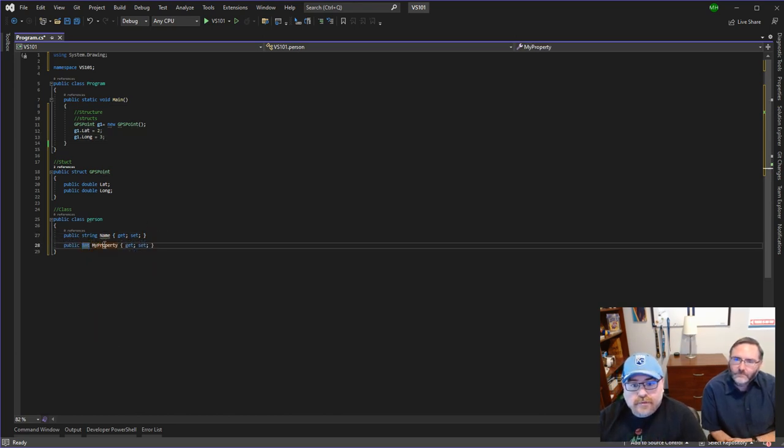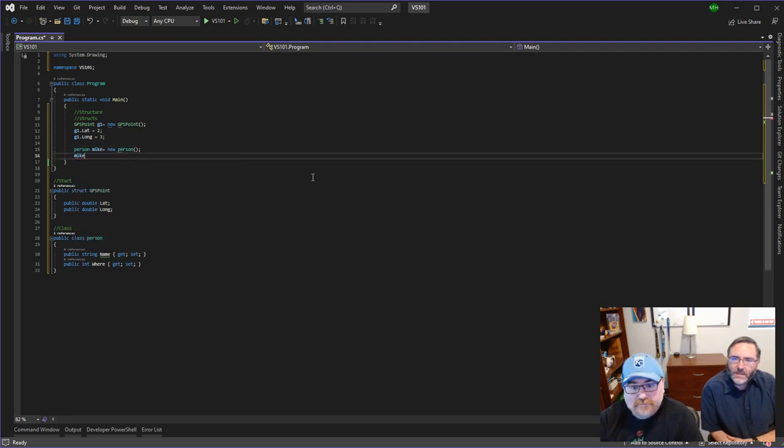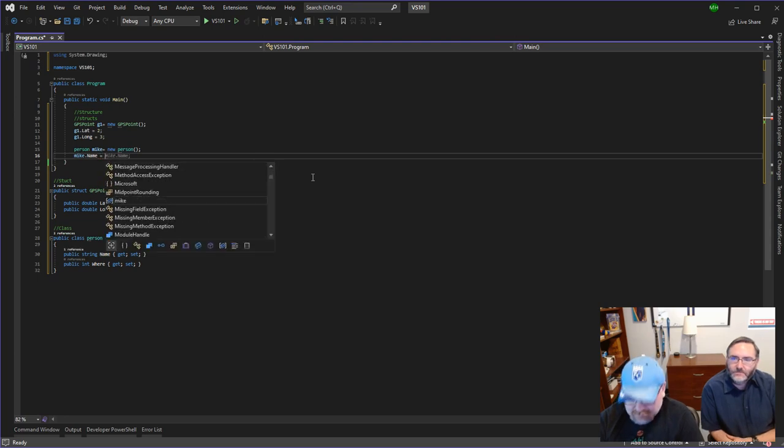Each person would have a where they were, where they are. So I have this new person. But instead of the where being an int, it can now be a GPS point.